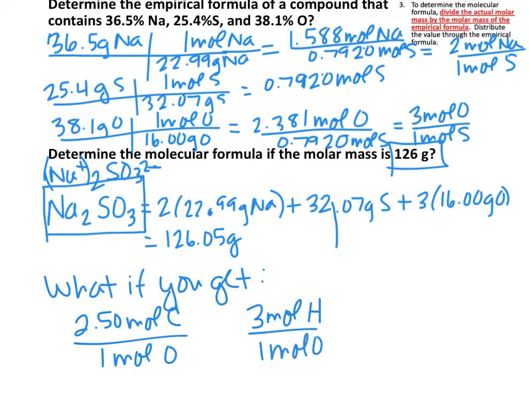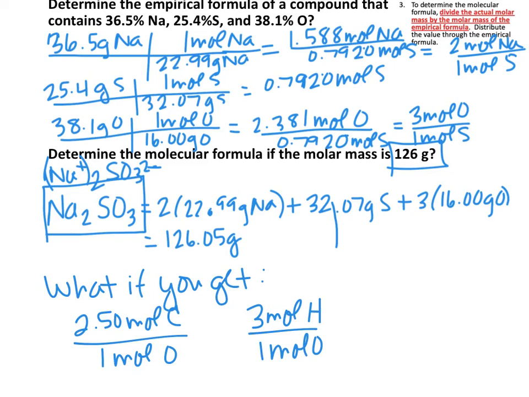We can't round this because it's not close to a whole number. I really would only round if I'm a little bit higher or a little bit under, within 0.1. I might round, but I would not round in this case.